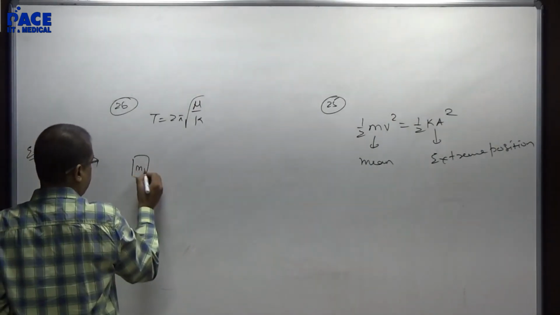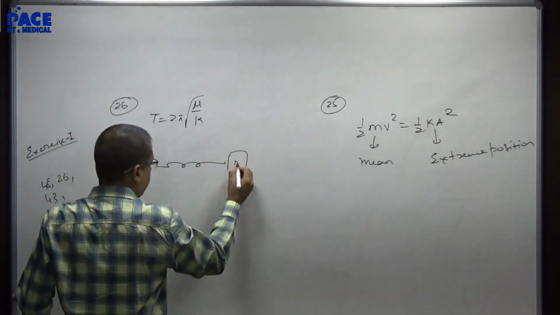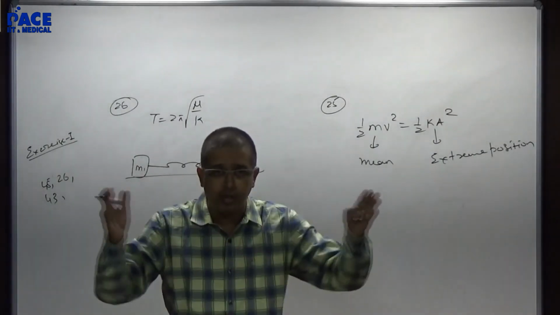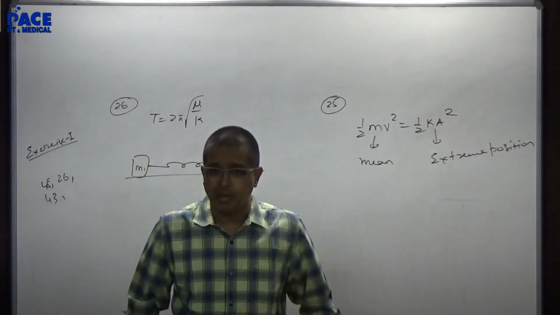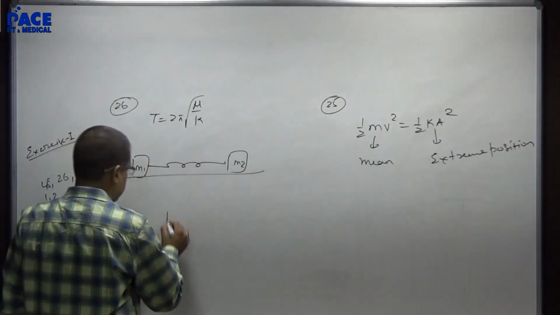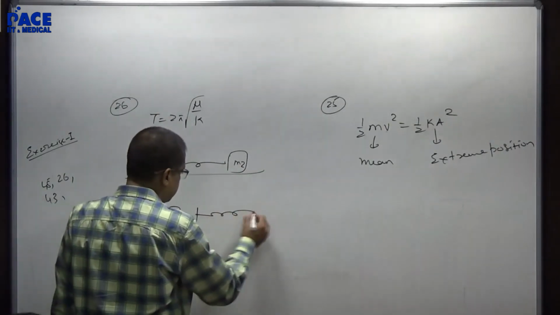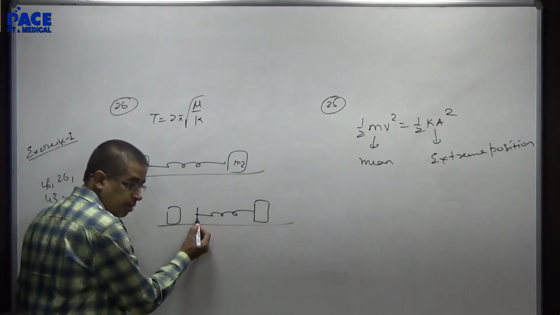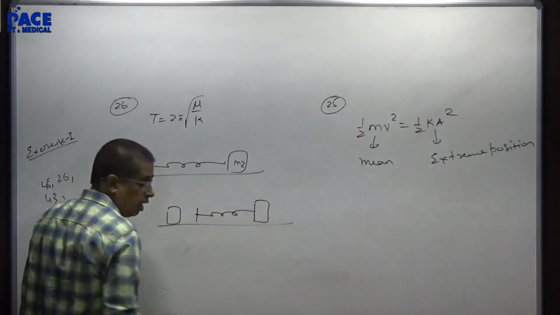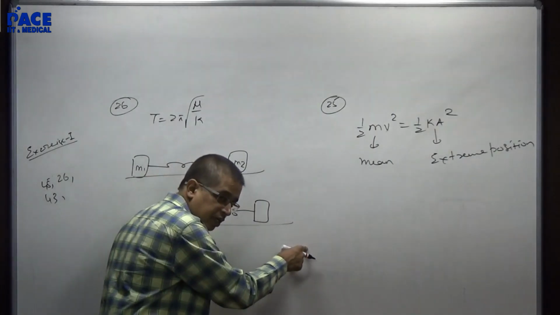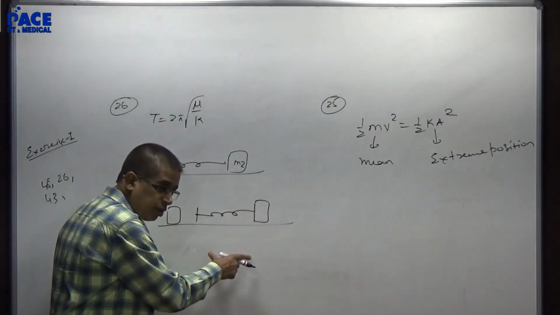Now when I am taking m1 here and m2 here and both masses are connected, they will go from maximum compression to maximum elongation to maximum compression. But in this problem they played a practical joke with you people. They didn't connect this body. They said this is it. So right from the time this comes here, that is the natural length of the spring. From natural length you will go to maximum compression and back to natural length.